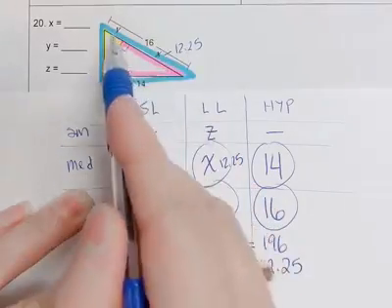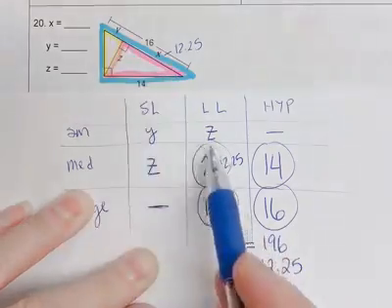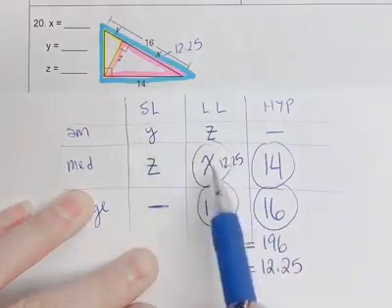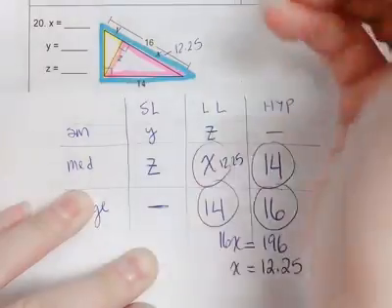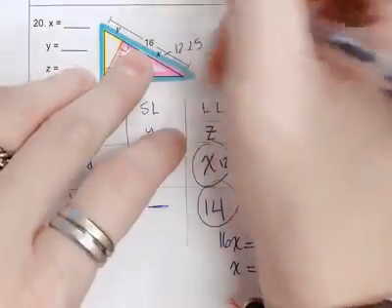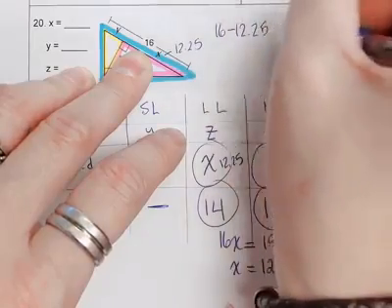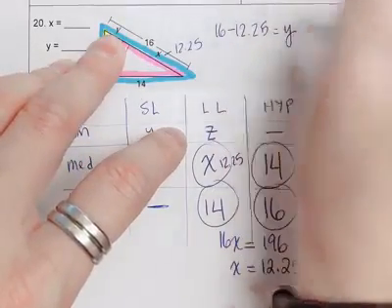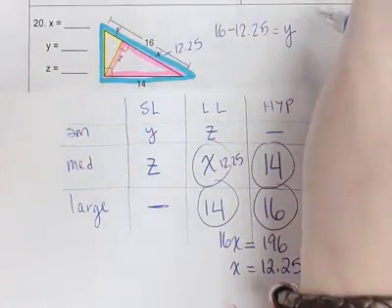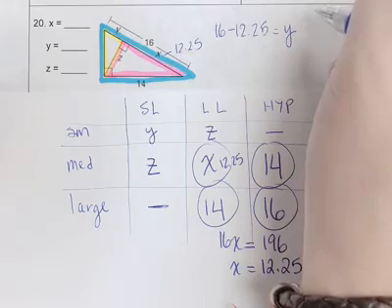So that actually helped me solve for Y. Once I find this information, I can say, if I take 16 and take away 12.25, that would give me the value for Y. Oh, I can't do my math.